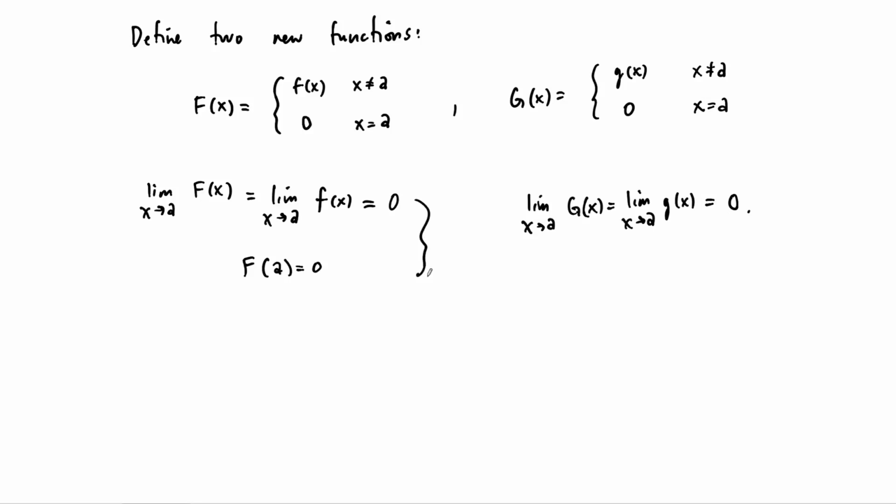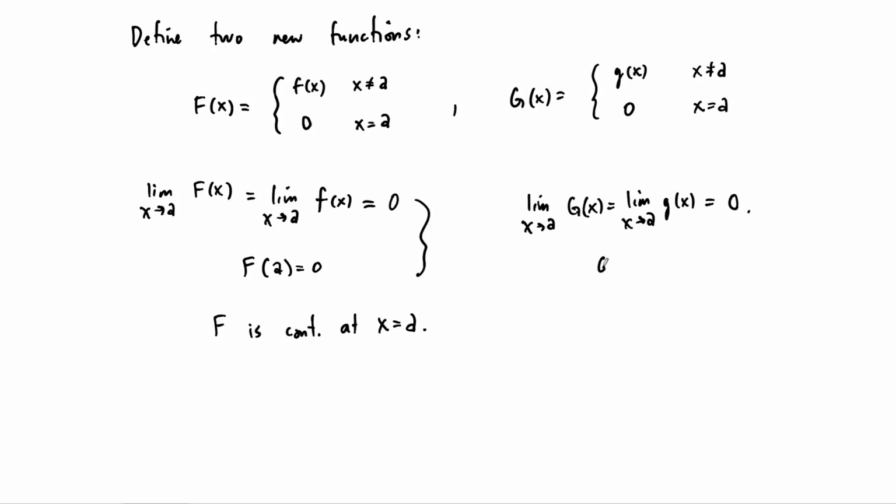So what's that mean? Well, that means that big F is continuous at x equals a, right? Little f is assumed to be continuous everywhere else, and now we've built a function capital F that's continuous everywhere that little f was, because it agrees with little f, and is also continuous at that point x equals a. Just in case little f wasn't, big F is.